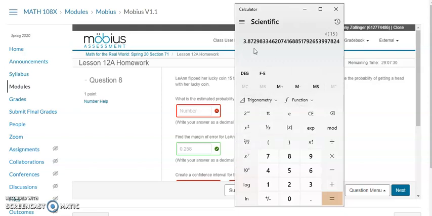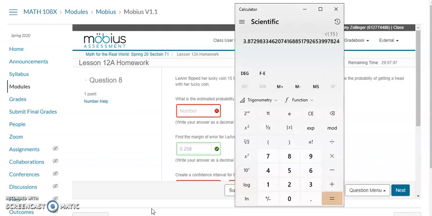And so I would want to keep at least 5 or 6 of these decimal places. And so 3.8729, whatever, keep a bunch of those decimal places when you do the division.